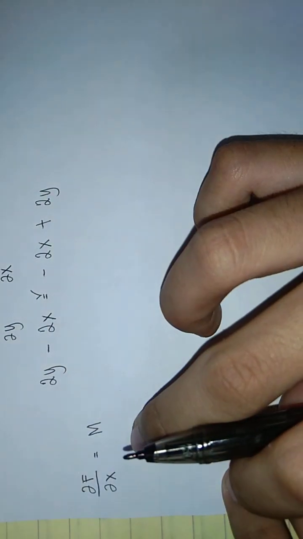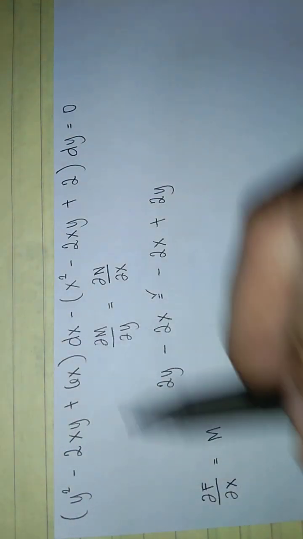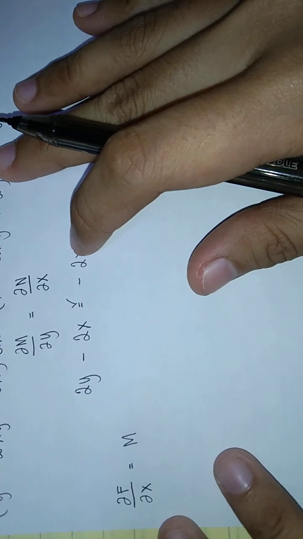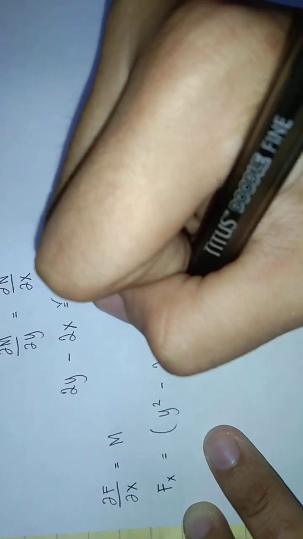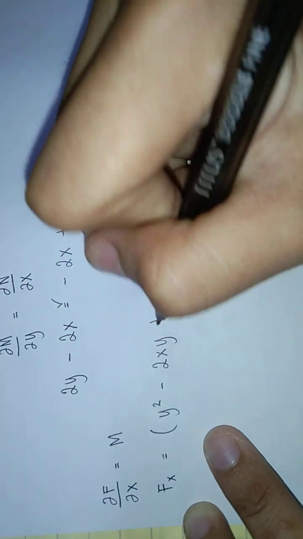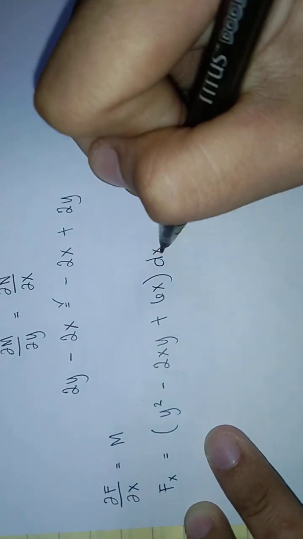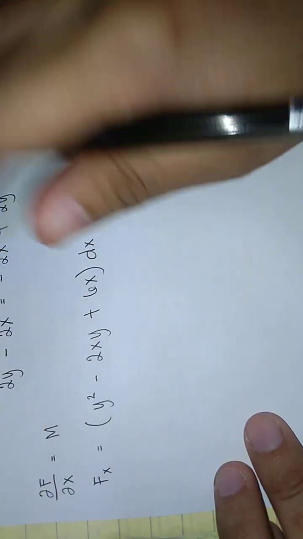Our M here will be this one. We're going to use this as a substitute for our M. Now let's integrate both sides by dx.